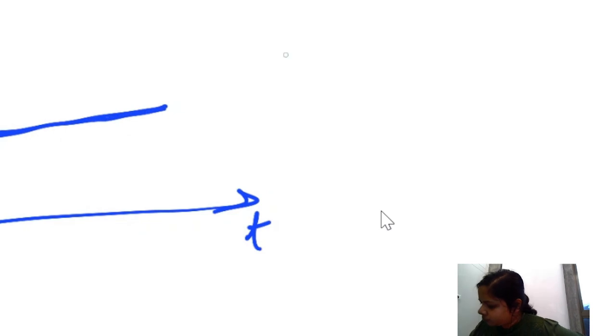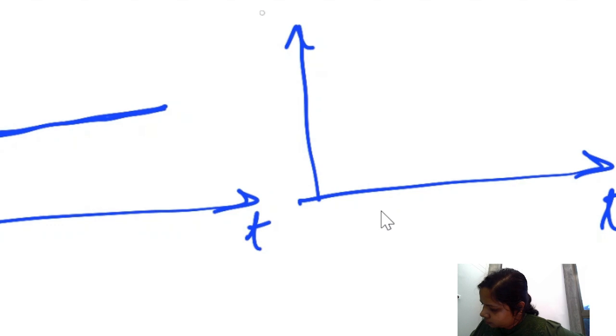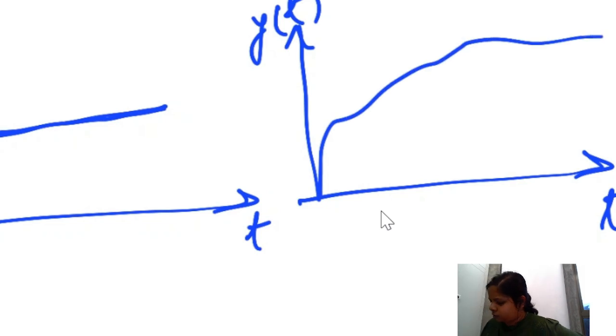I'll tell you. So let's say it is x(t). Now you have some input. This x is your input, and your output is let's say some function like this.